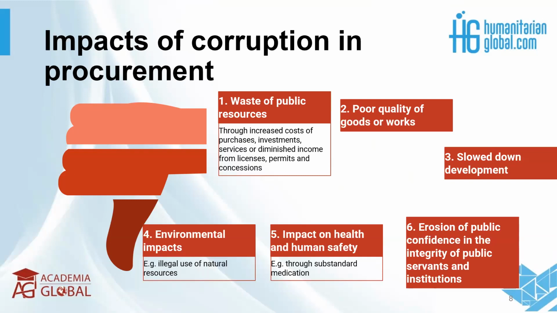The other one is poor quality of goods or works. This is basically when you buy substandard goods, that means that they're going to be poor quality. If you had a budget of 1 million to buy construction materials, and in this case, I'm using Kenyan shillings, you can use US dollar.